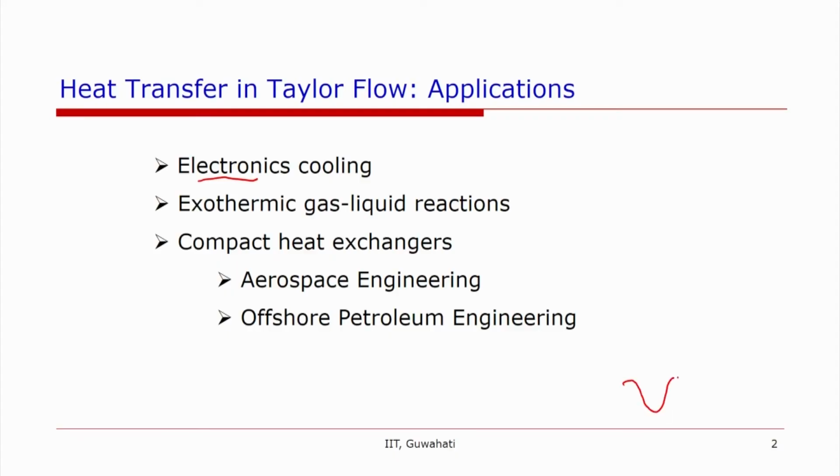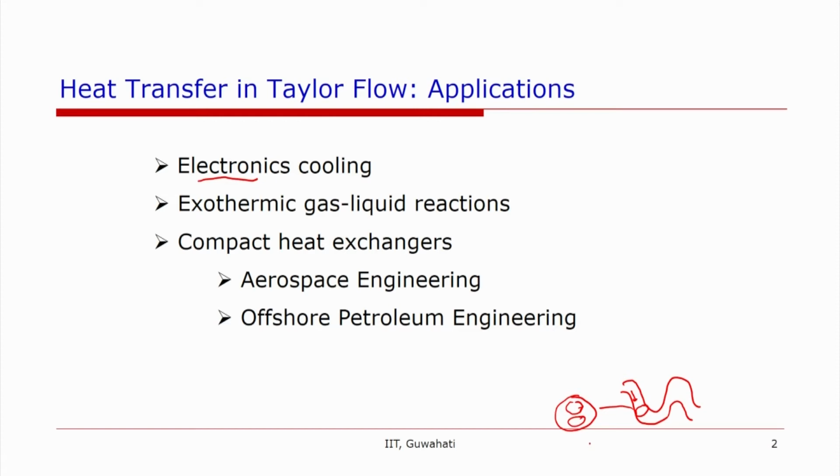So people have devised different active and passive means of mixing, one of them being, say, the serpentine channel, which causes the flow to have a secondary flow. If this is the cross section of the channel, then in addition to the flow in the streamline direction, there is another flow in the cross section of the channel, and that enhances the mixing in the channel.